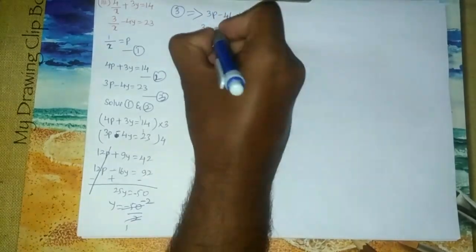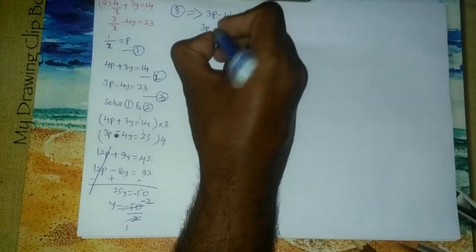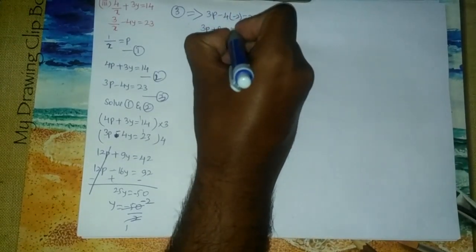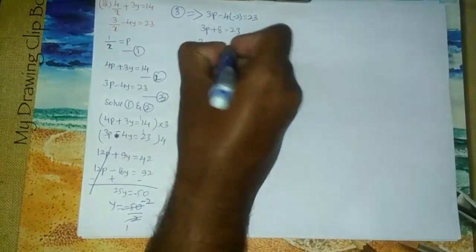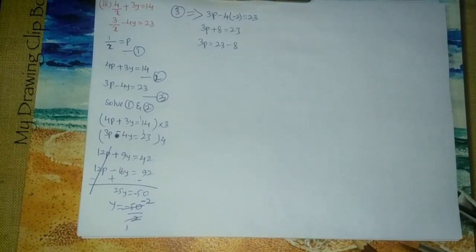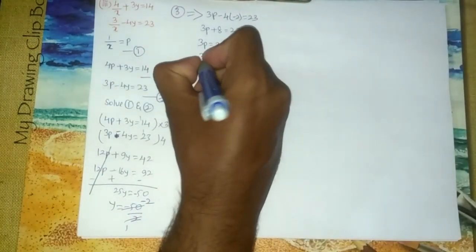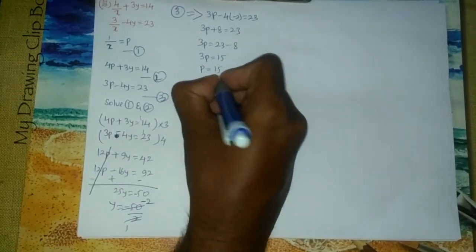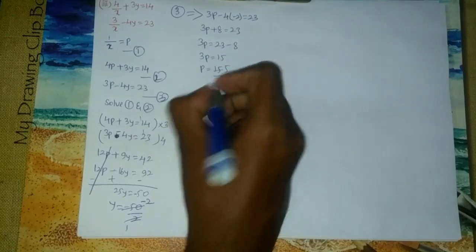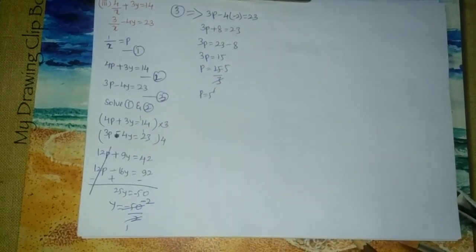So 3p plus 8 equals 23, or 3p equals 23 minus 8, which is 15. 3p equals 15 or p equals 15 by 3. So p is 5.